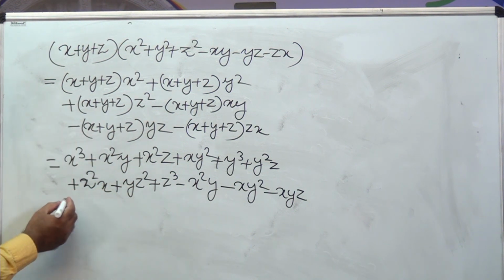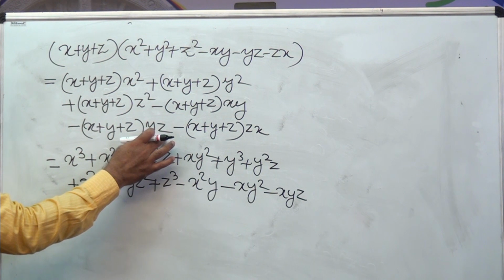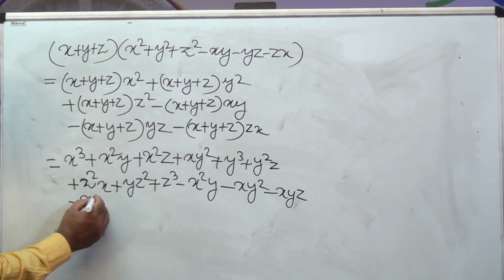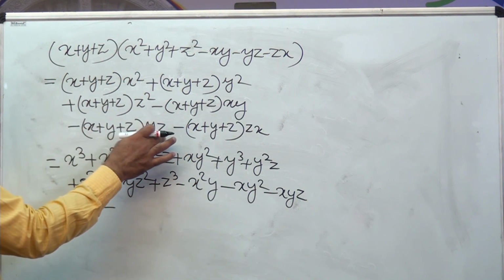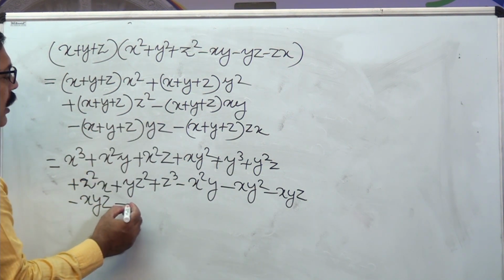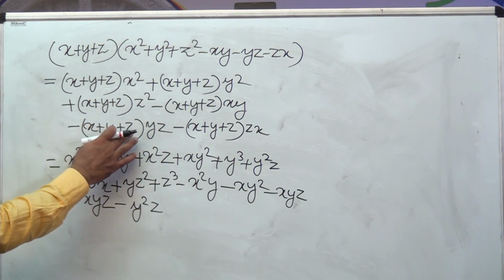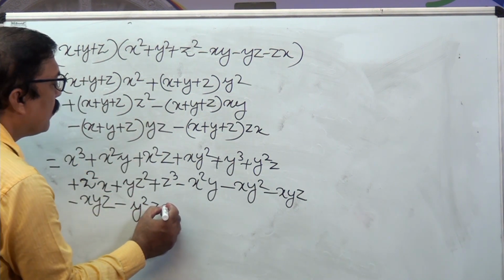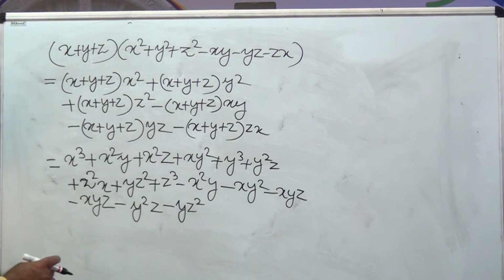And in case of the third line, minus x into yz gives minus xyz, minus y into yz gives minus y square z, and minus z into yz gives minus yz square.